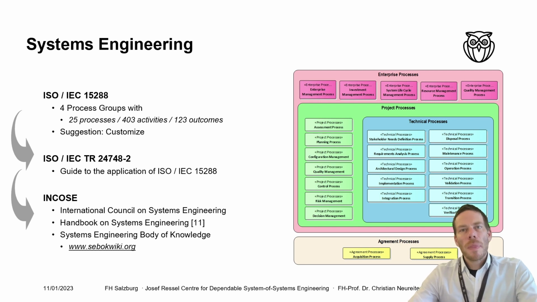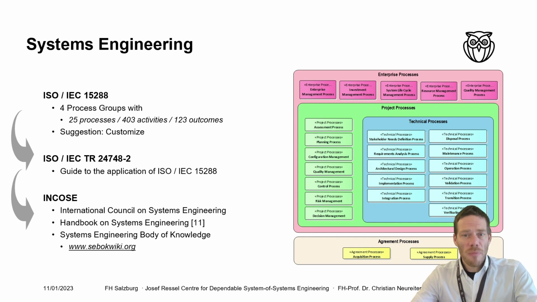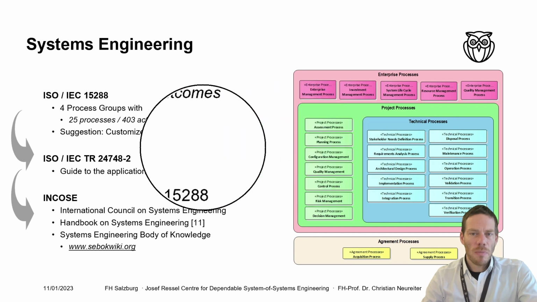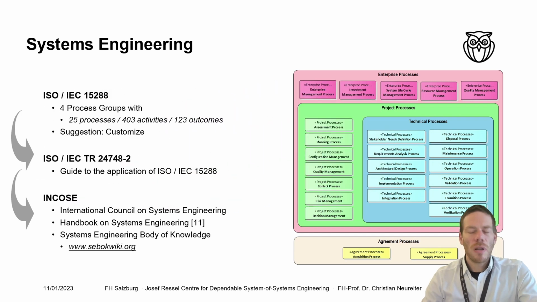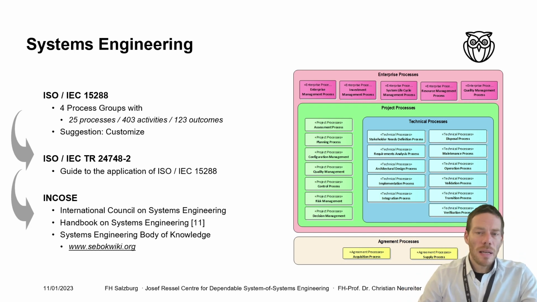Rather, the process framework invites us to customize it on our own, guided by a complementing technical report. It further directs us to the state-of-the-art material, which is typically collected by INCOSE.